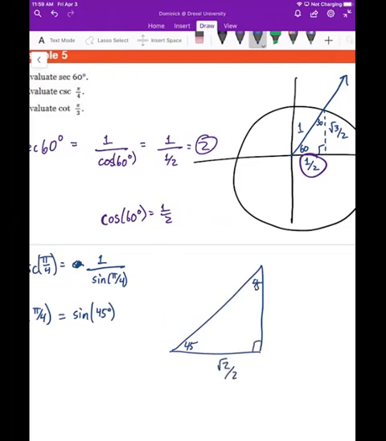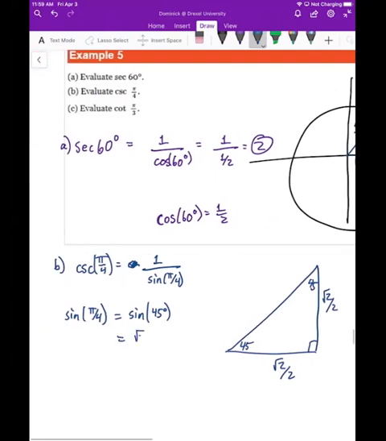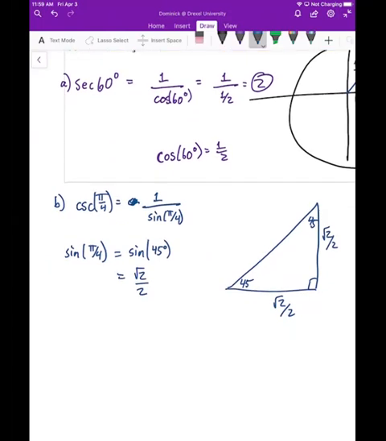And of course, you have square root of 2 over 2, square root of 2 over 2. So your sine of 45 is square root of 2 over 2. But again, we want cosecant, which is 1 over sine of 45 degrees.